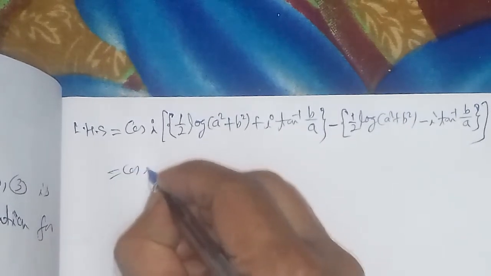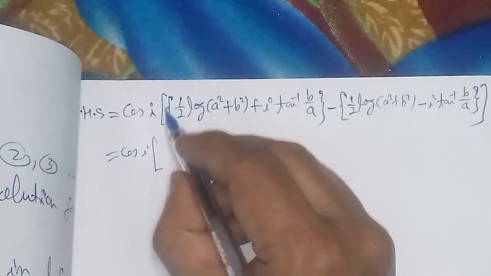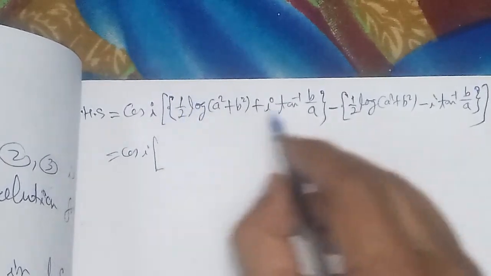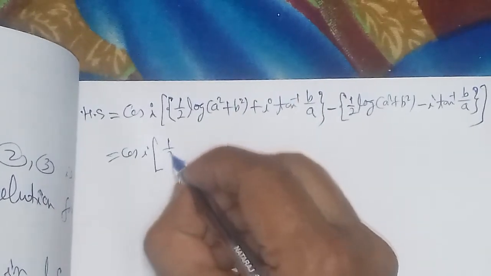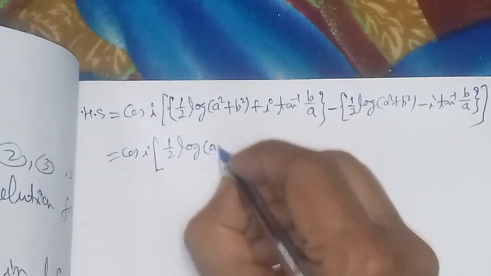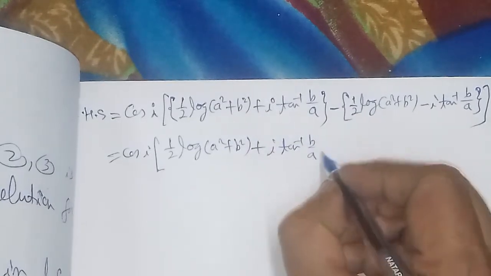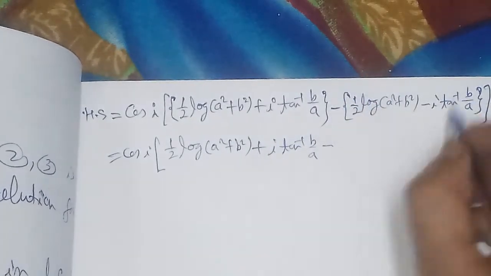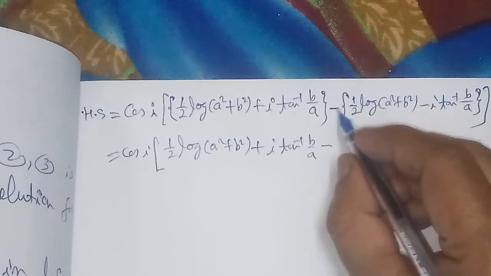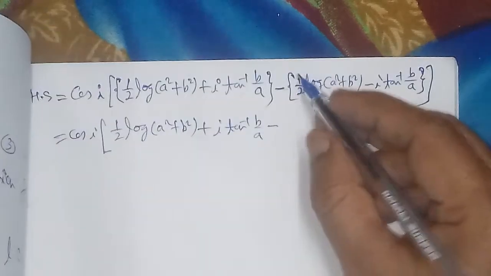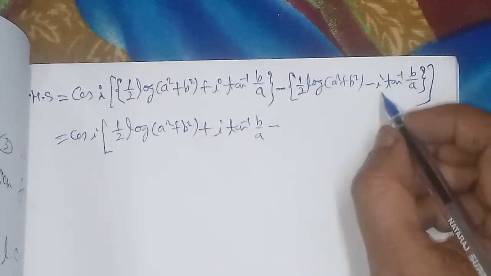Now we should open this bracket. Because the default sign is positive, there is no change in sign in these two terms. We write these two terms without any change: 1/2 log of (a² + b²) plus i tan inverse b upon a. But here we see the sign in front of the bracket is minus, so on opening the bracket the sign of the terms will change.